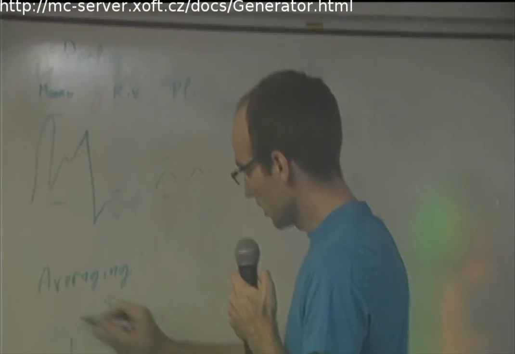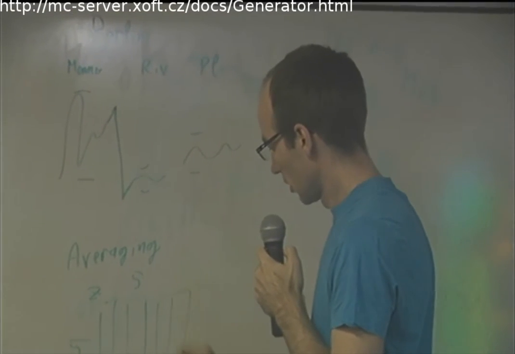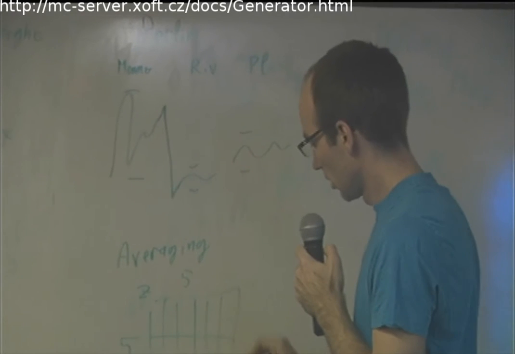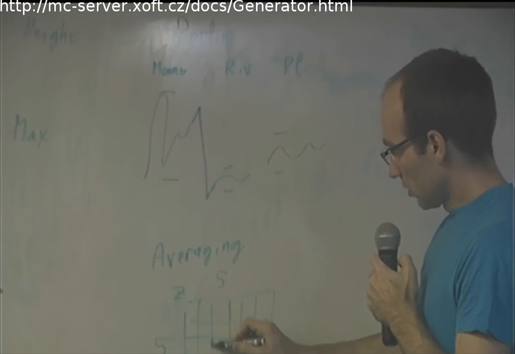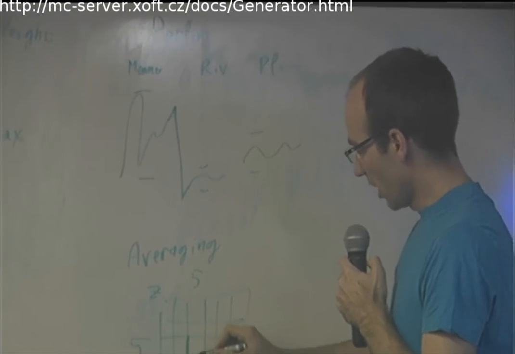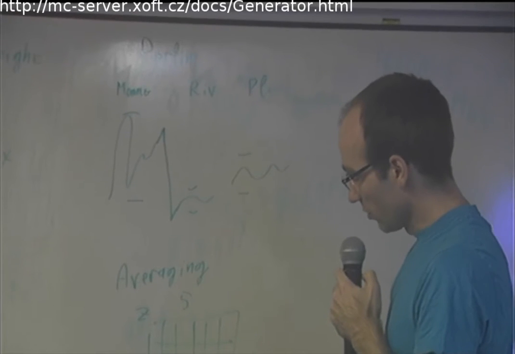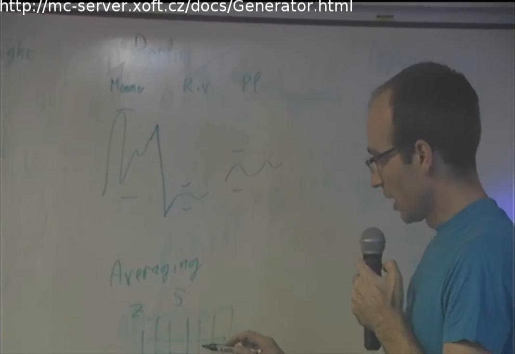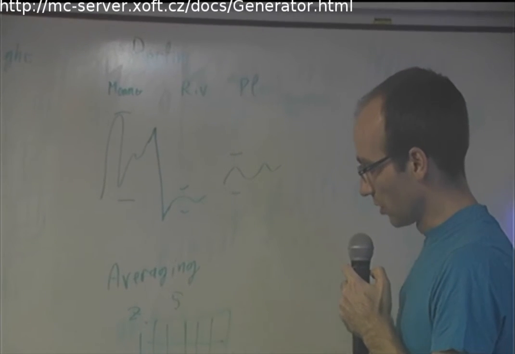This is X, this is Z. This is the column that is queried for height. So 5x5 columns around it are queried for biomes, and the minimum and maximum parameters are averaged around.